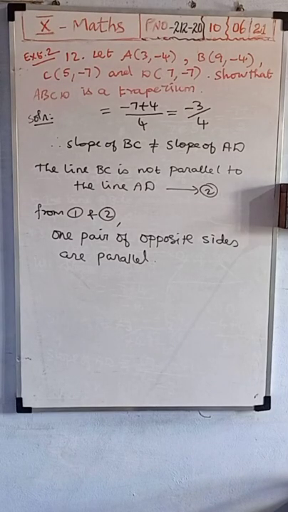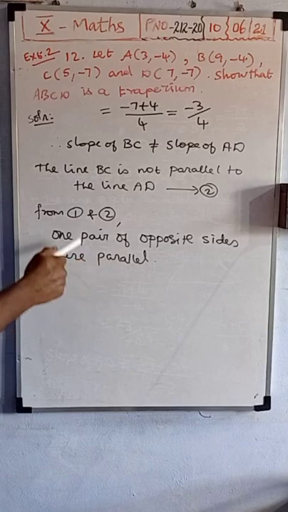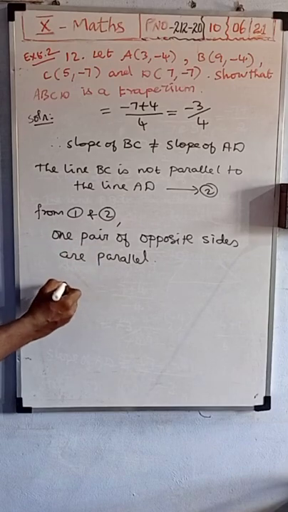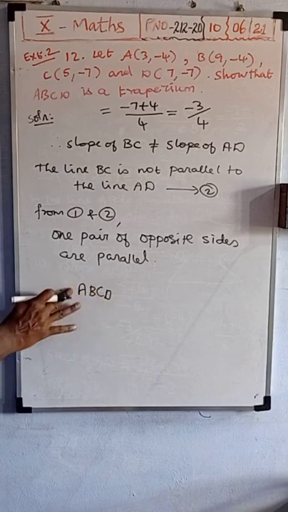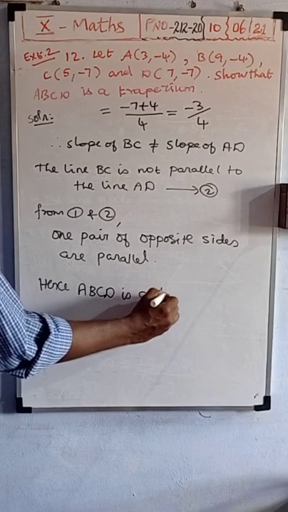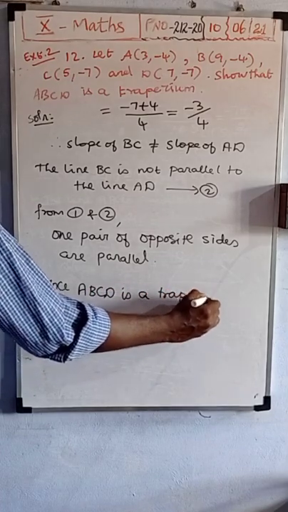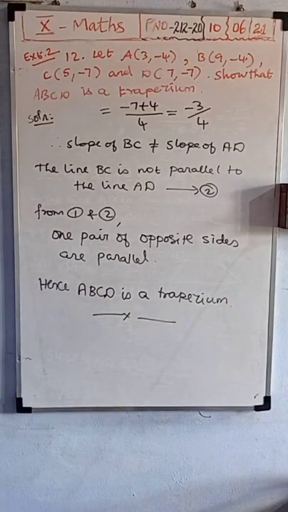This line alone is parallel. Here BC is not equal to AD, so these lines are not parallel. So one pair of opposite sides are parallel. Therefore, hence ABCD is a trapezium. Okay, that's the answer.